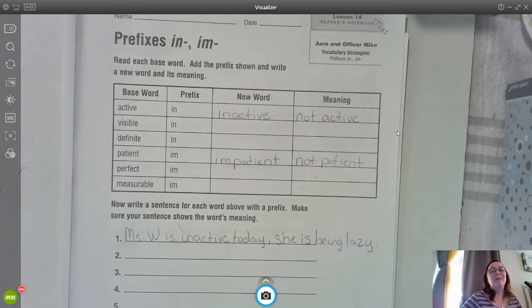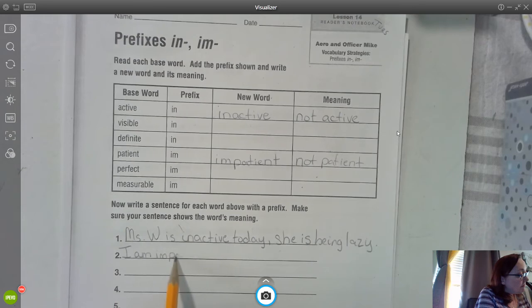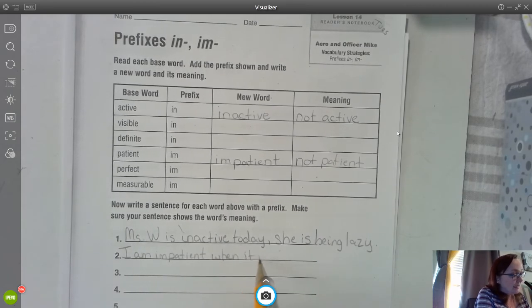Let's write a sentence with impatient. So, if we're impatient, then let's use that in a sentence. I am impatient when it is time for dessert.